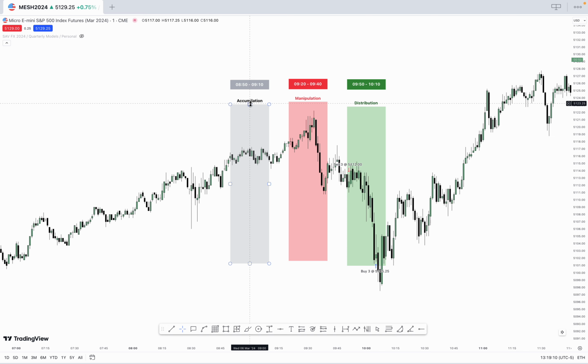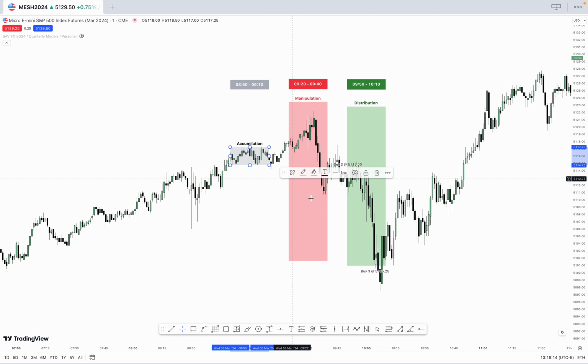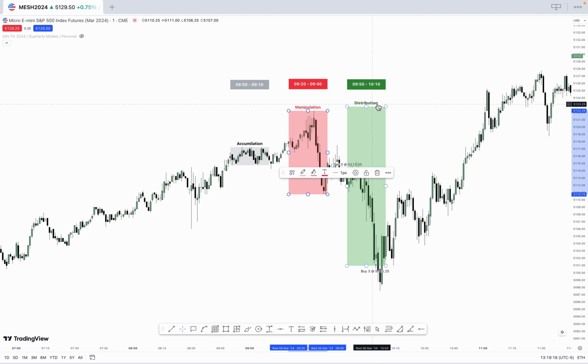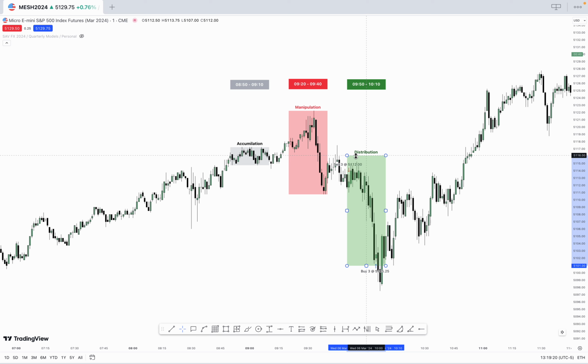So if we can refine this into price ranges, here is what you are gonna see. This is basically how it looks.